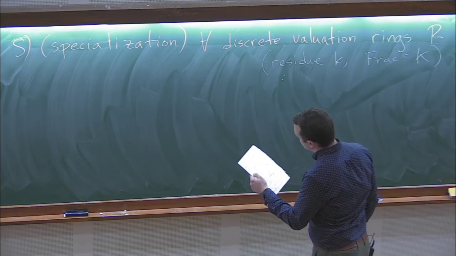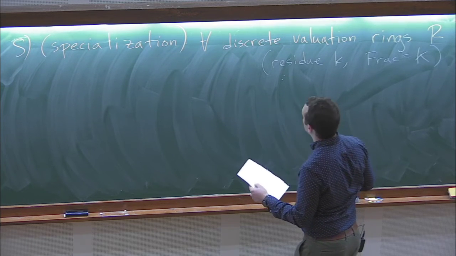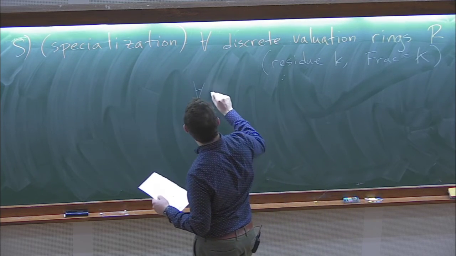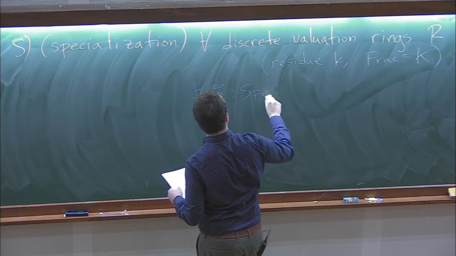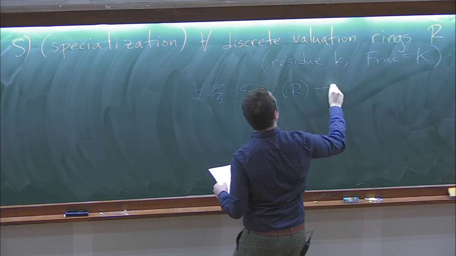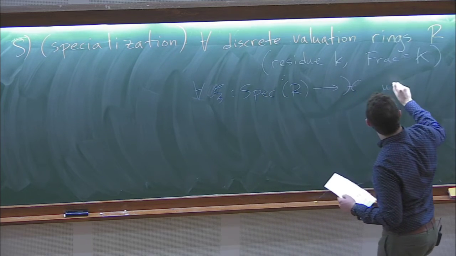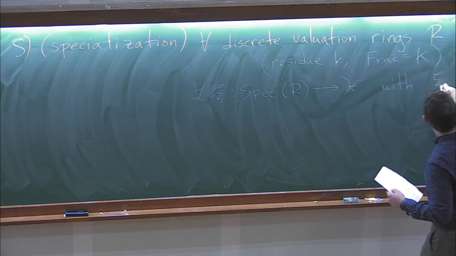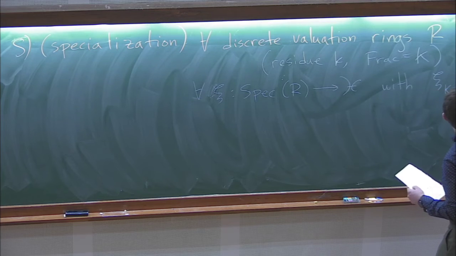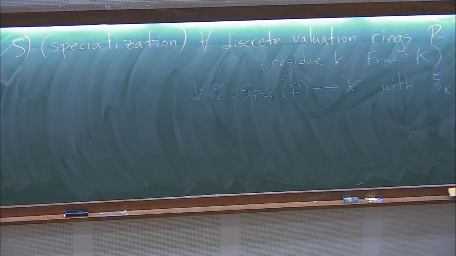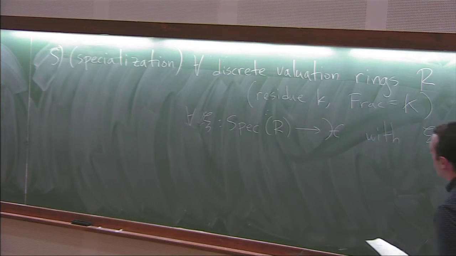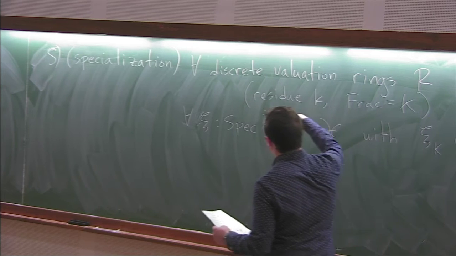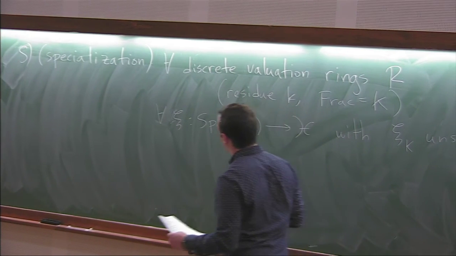And for any maps, so for a family psi over spec of this DVR, for any kind of setup like that, you have a family whose generic fiber is unstable.